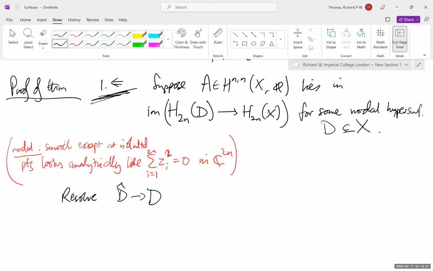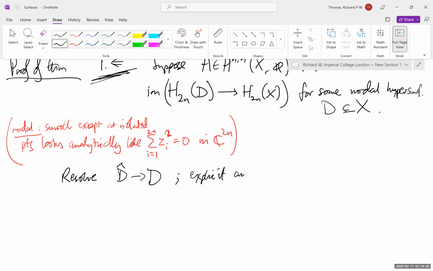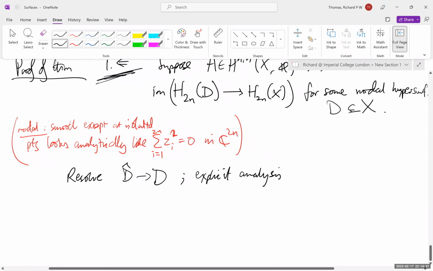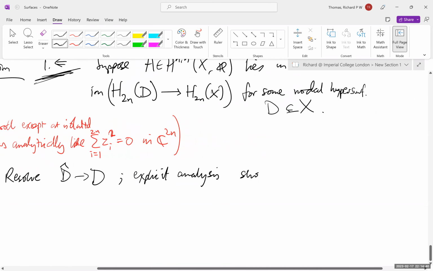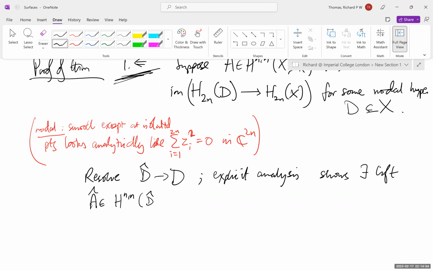Okay. So firstly, I resolve D. And then the reason I took this nodal guy is because then by explicit analysis, we know how to resolve nodes. So we know what the resolution looks like. This shows that there exists a lift A hat in H^{n-1,n-1} of D hat. Actually, I'm not sure I mean n,n, do I? That's incorrect.